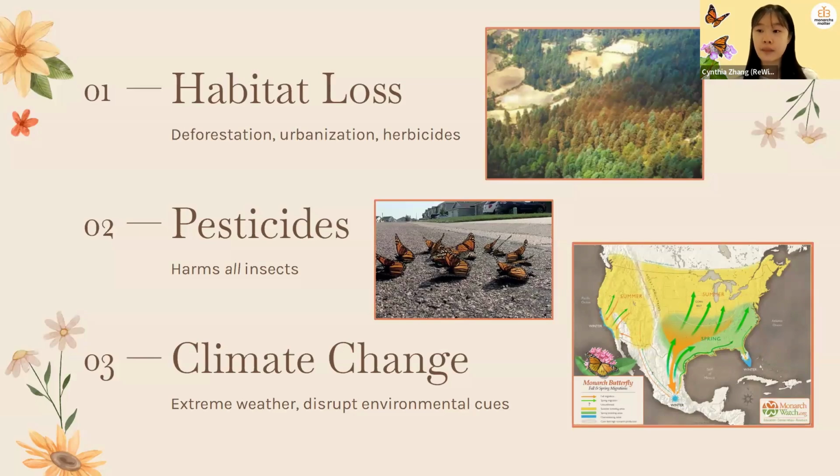So monarch butterflies depend on environmental cues like temperature and rainfall, so it's important to consider climate change as an effect because it really impacts biodiversity and environmental cues for organisms.